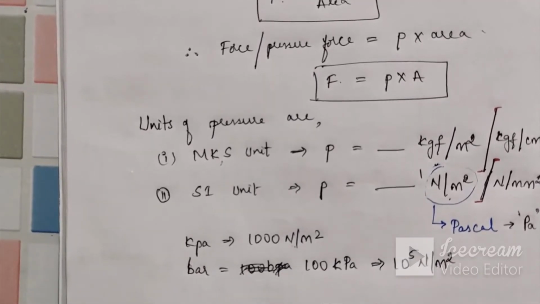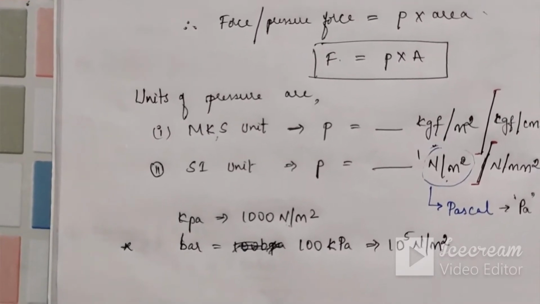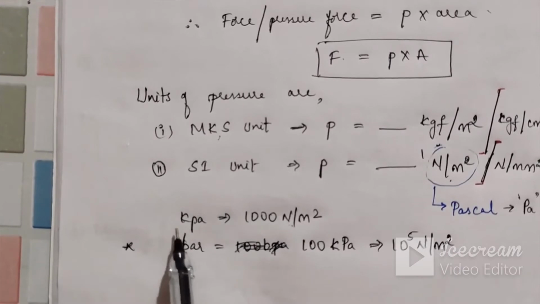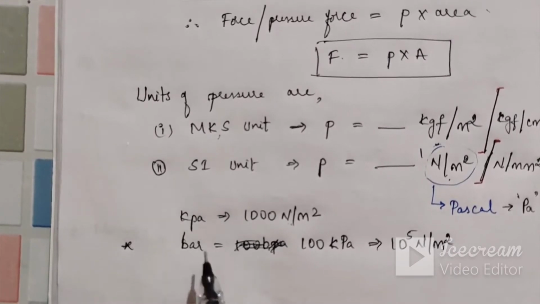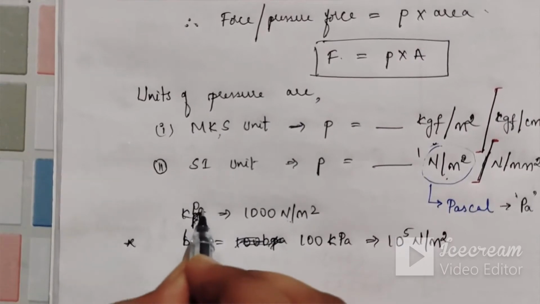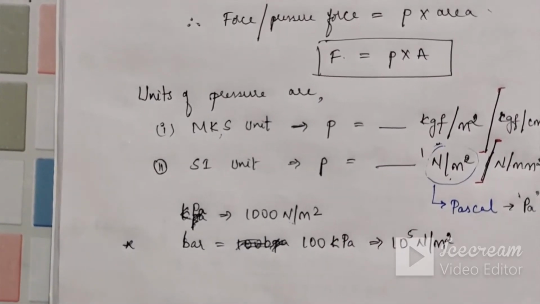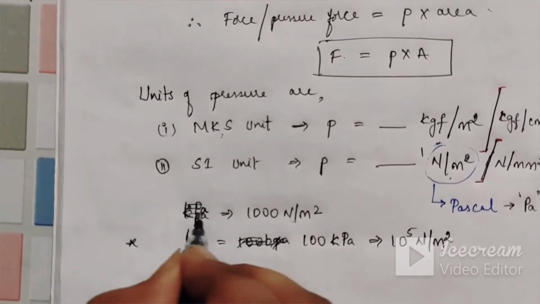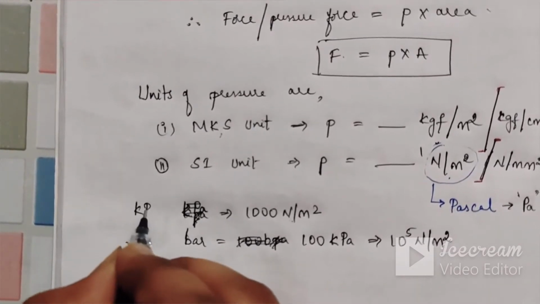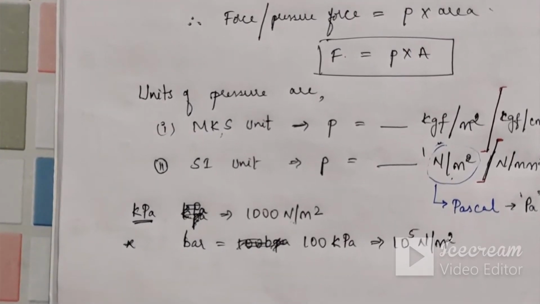If you practice daily, you can remember this bit by bit. Kilopascal means 1000 Newton per meter square. You should write P as capital and a in the suffix. This is the right way to write.